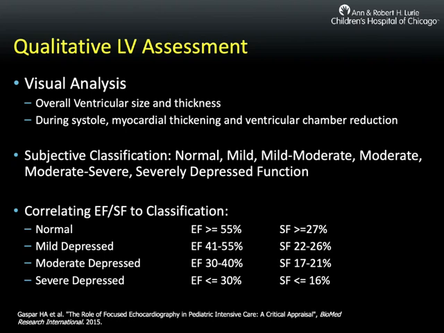So from a visual analysis, looking at it qualitatively, we look at the overall ventricular size and thickness. During systole, we look at the myocardial thickening as well as the ventricular chamber reduction. And from a subjective standpoint, we would describe what the type of function would be, whether it's on a scale from normal to mild, moderate, moderate to severe, and then severely depressed function.